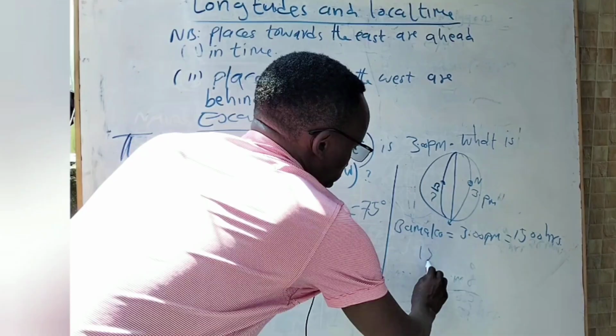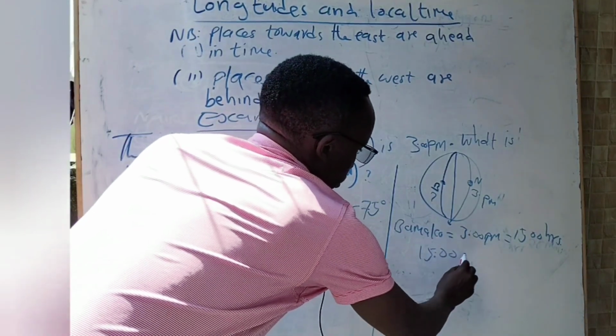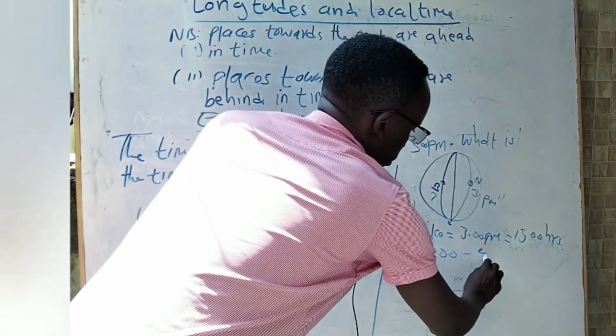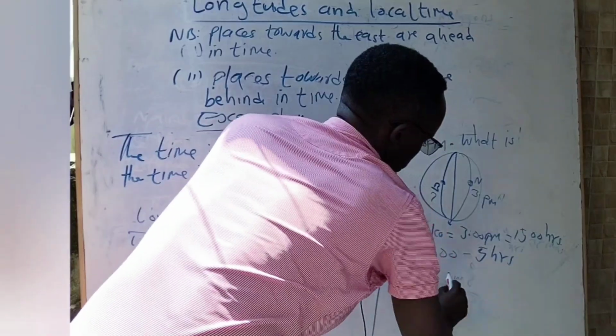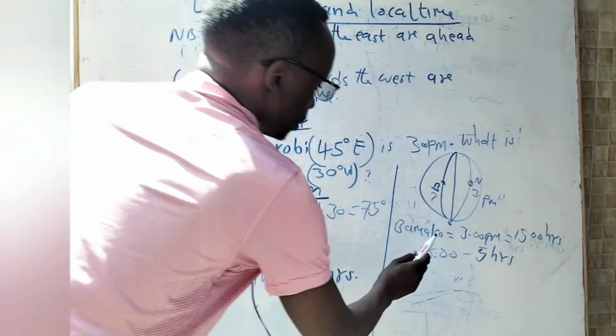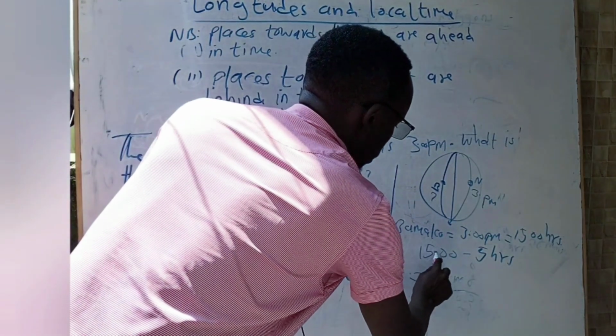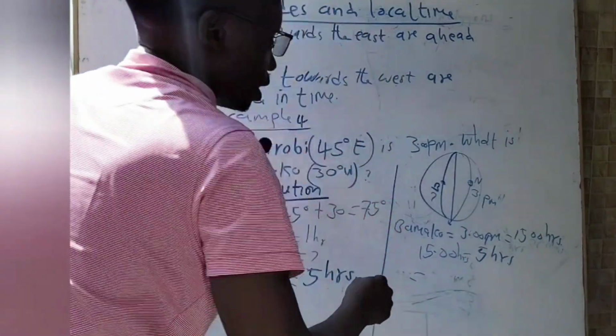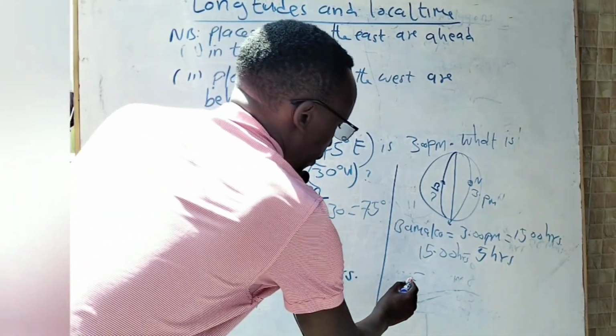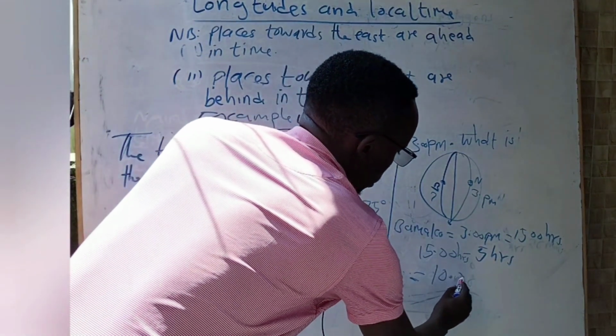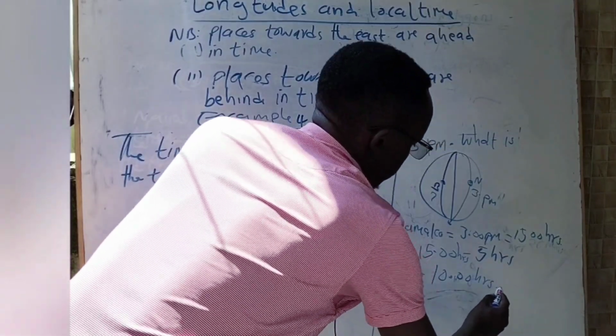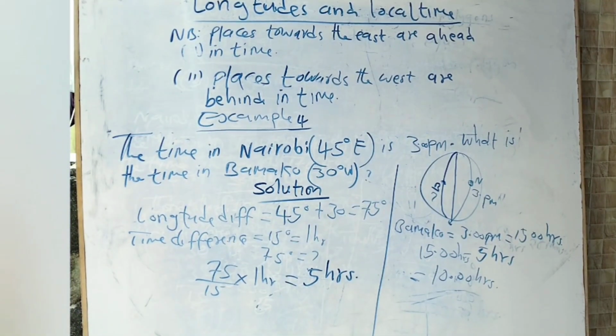So 15 hours minus 5 hours. What do we get? The time in Bamako will be 10 hours.